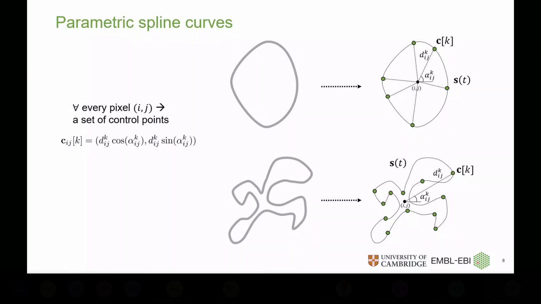This construction is more flexible than the star convex construction in StarDist because since we predict both the radii and the angle, the control points can be anywhere on the grid to model the given shape, no matter whether it's star convex or not.